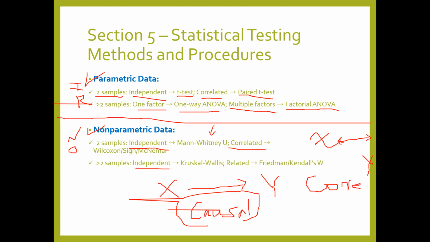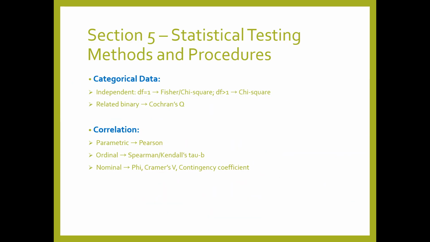Double-headed is correlation. One arrowhead is called a relationship, or a causal effect. And this one is called a simple regression. X and a one-headed arrow is called a relationship, and the analysis is called regression analysis. Don't worry about it. I will introduce you later.